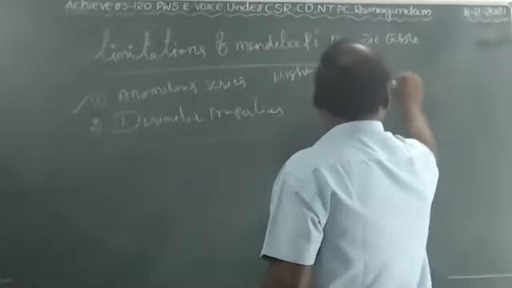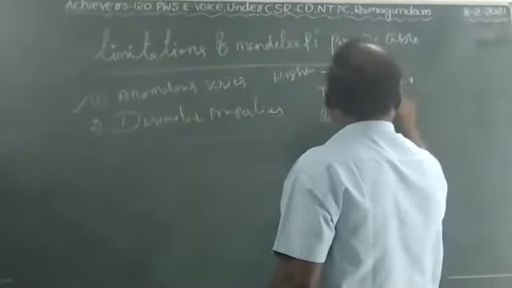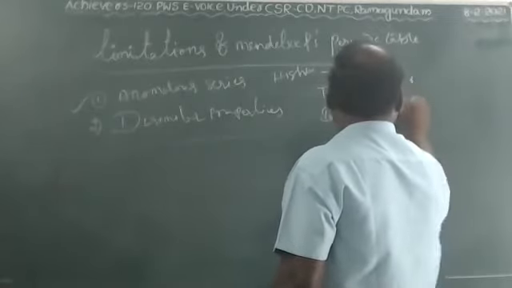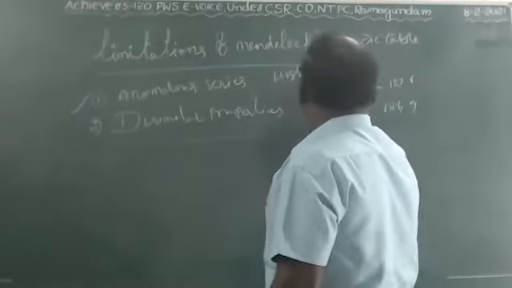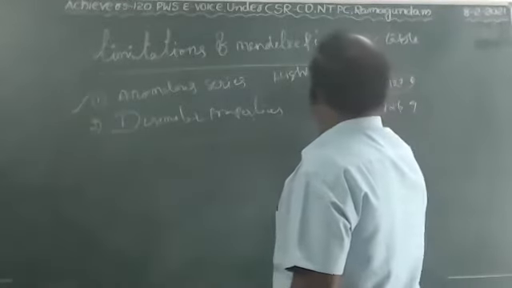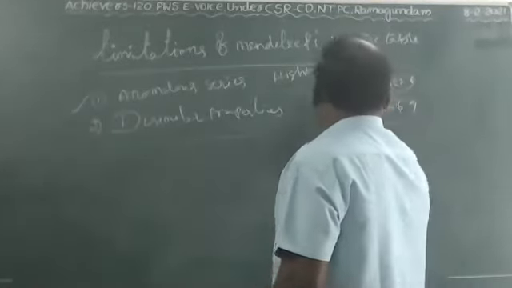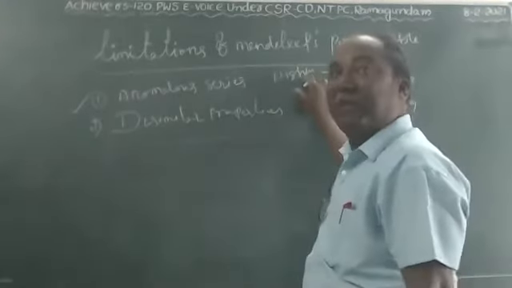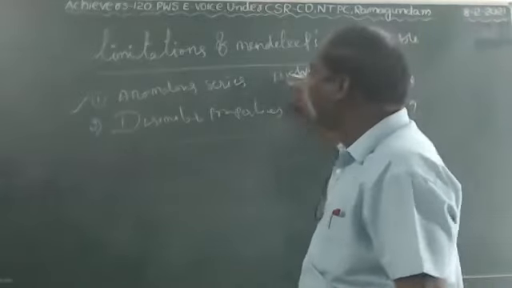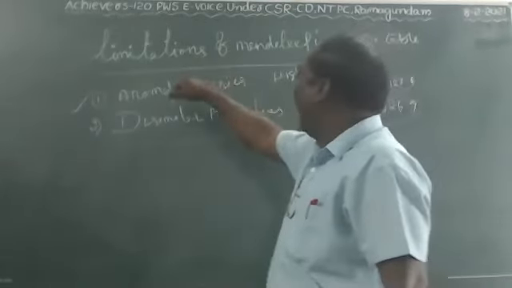Tellurium is 127.6, iodine is 126.9. The higher atomic weight is placed first in the periodic table, then the lower atomic weight. This is the minor mistake. Mendeleev also accepted that. This is the first limitation, anomalous series.